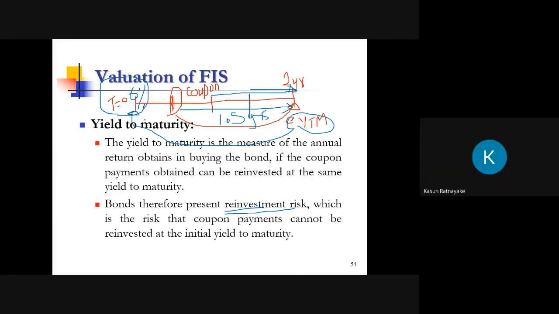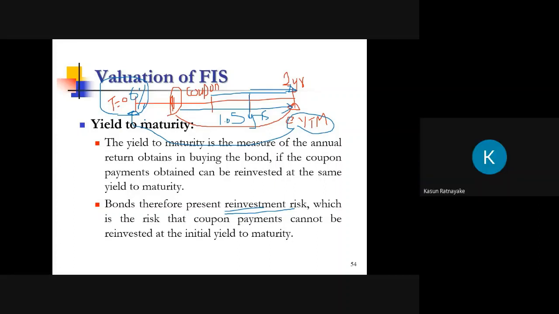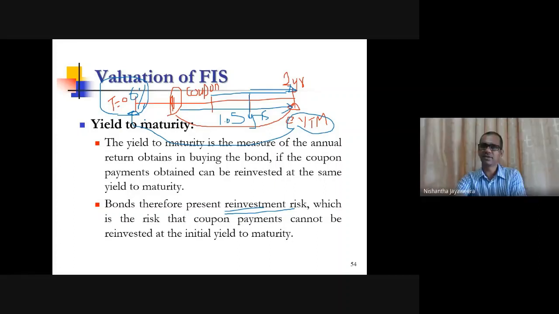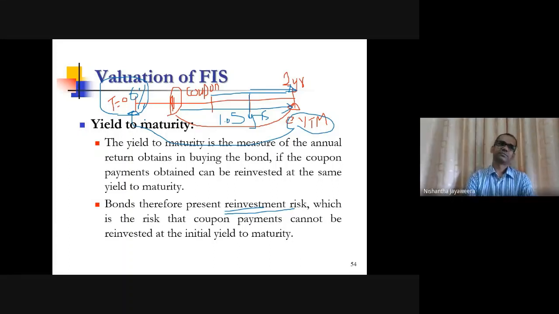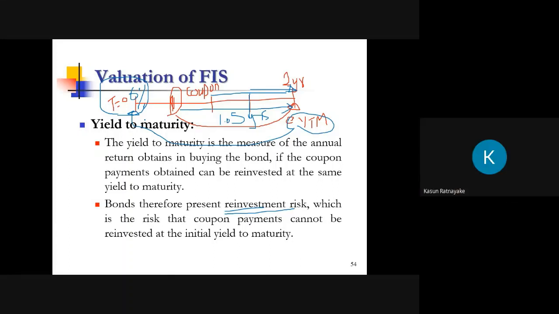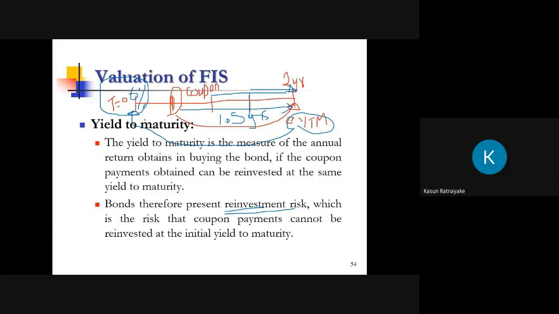So the basic concept is that the interim cash flows are reinvested for the remaining period of maturity at a particular rate. Yes, that's why you have mentioned here 1.5 years.